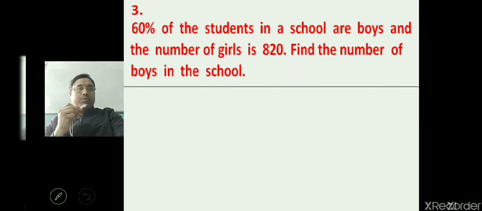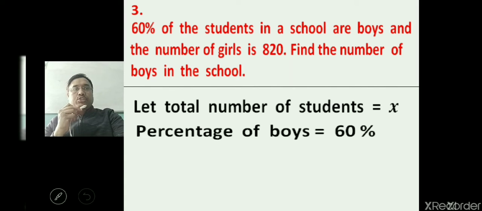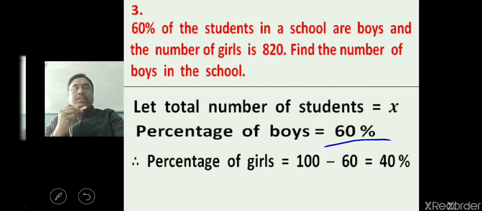First we will write, let the total number of students equal x. Then the percentage of boys is given as 60%. Therefore the percentage of girls is 100 minus 60, because total means 100%.